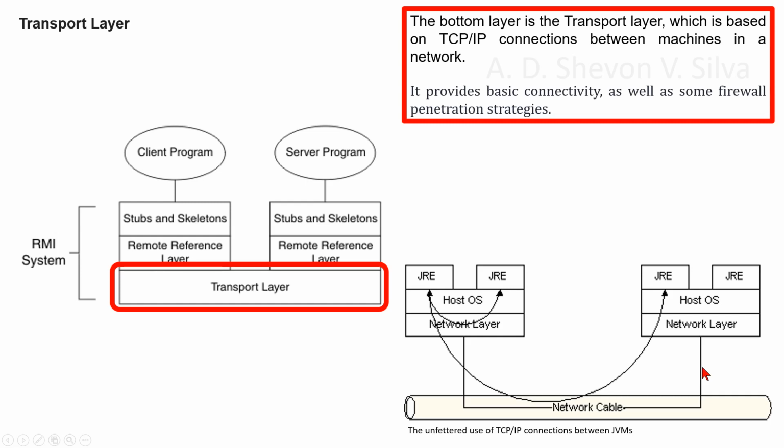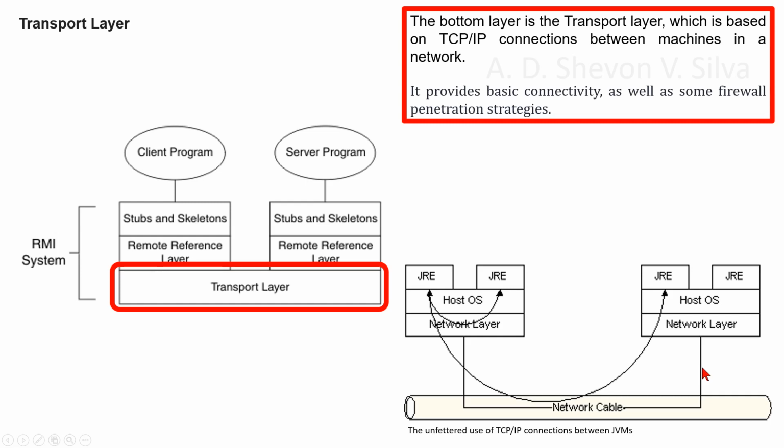The RMI transport layer is designed to make connections between client and server even in the face of network obstacles. While the transport layer prefers to use multiple TCP/IP connections, some network configurations only allow a single TCP/IP connection between a client and server. Some browsers restrict applets to a single network connection back to their hosting server.